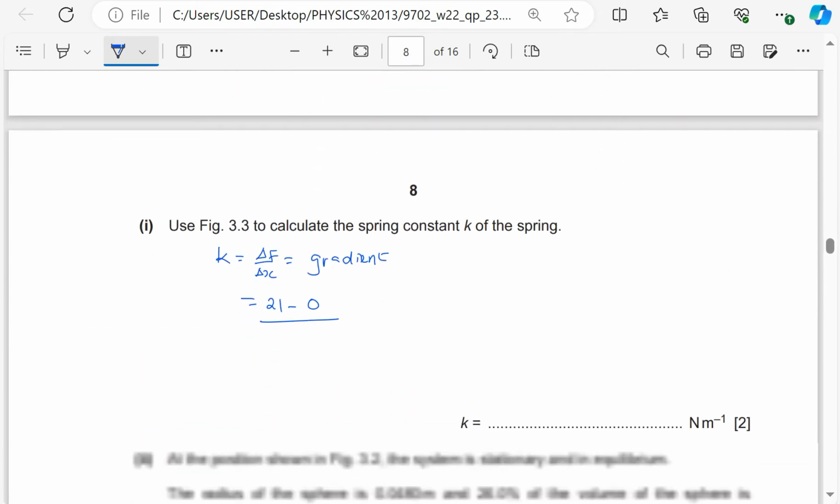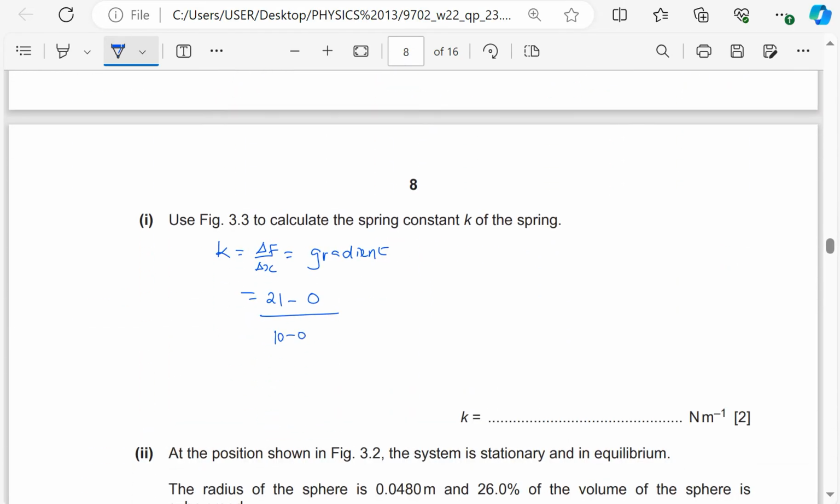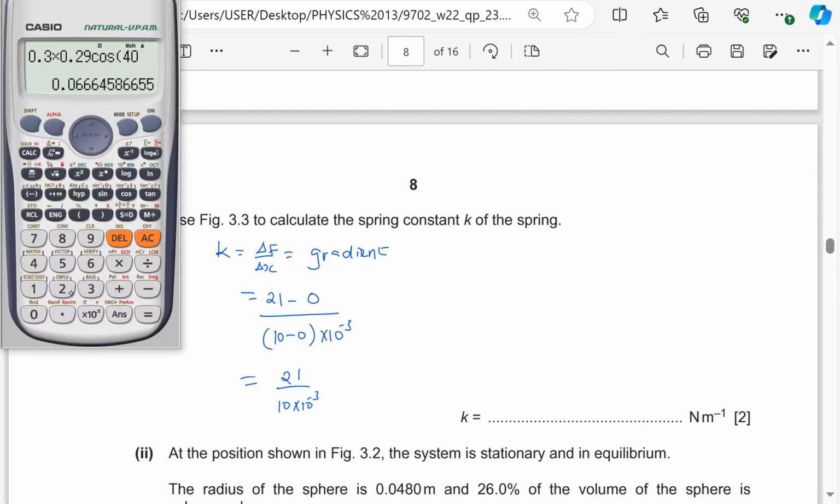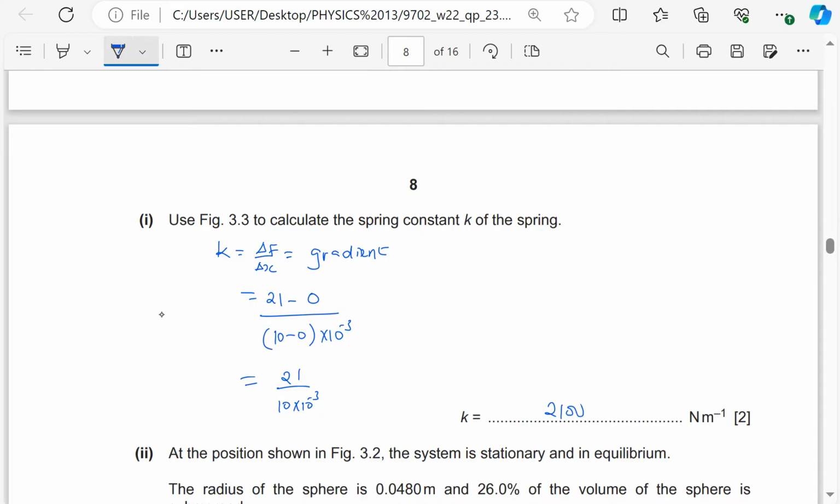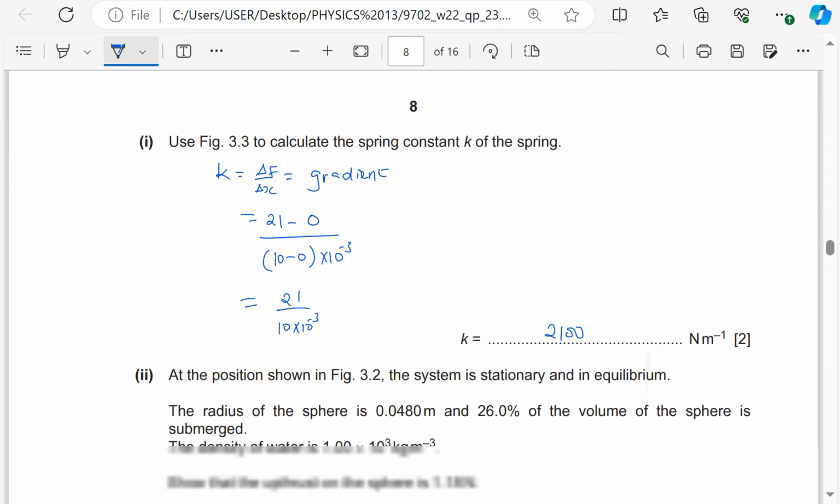So I will say 10 minus 0 times 10 to the power of minus 3. So this is 21 divided by 10 to the power of minus 3, which is 2100 newtons per meter.